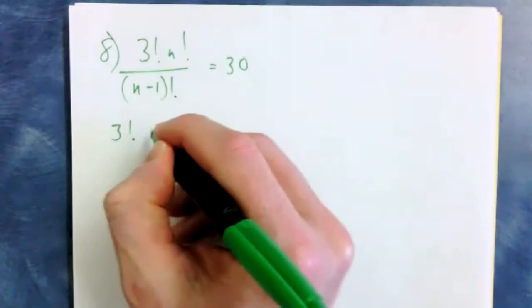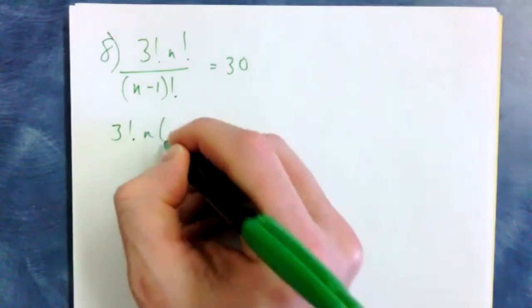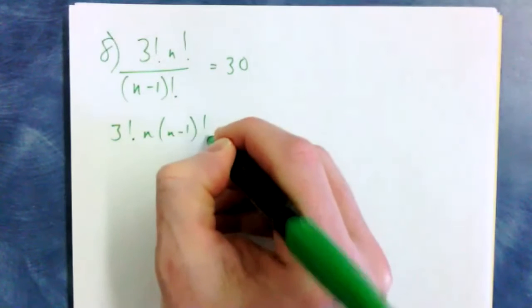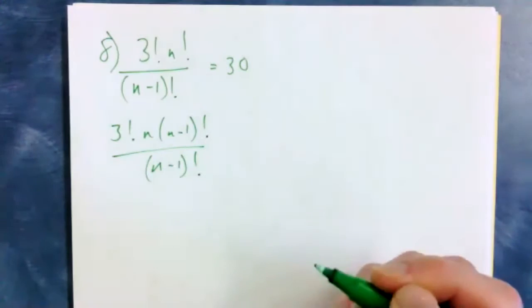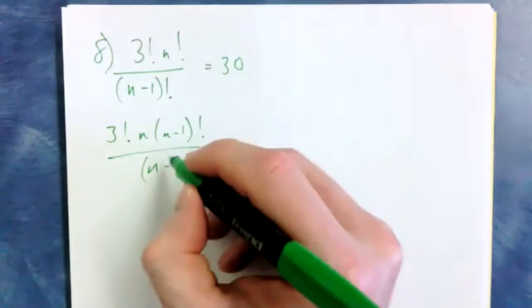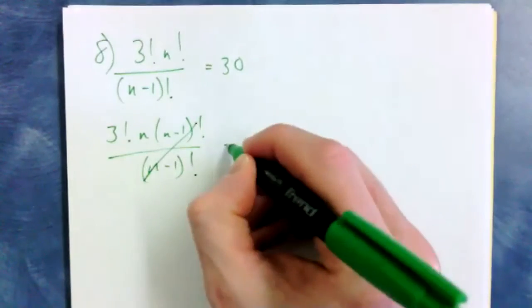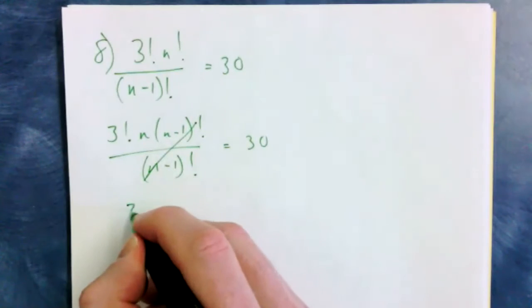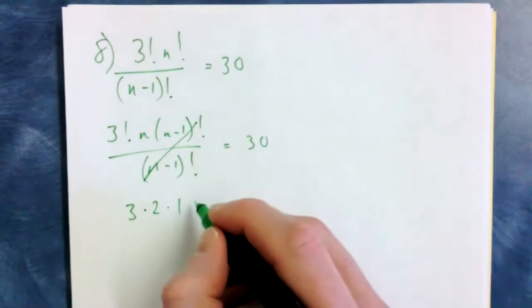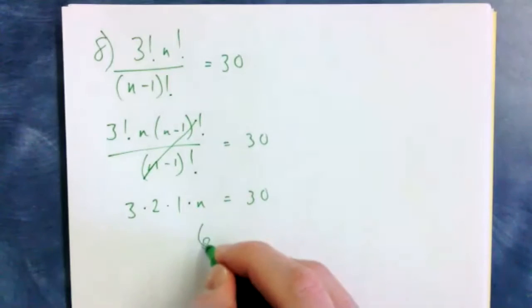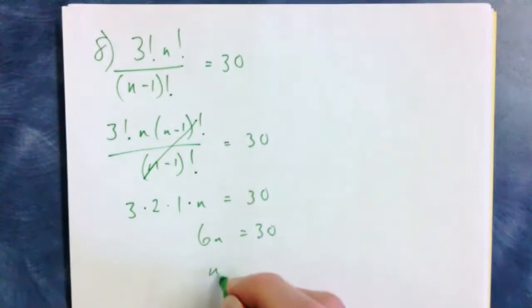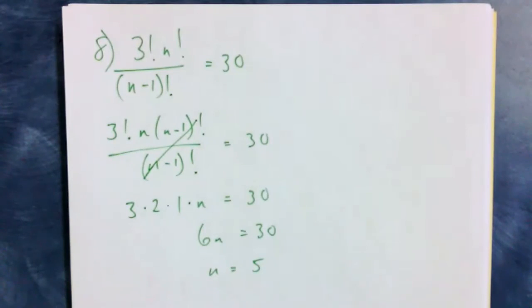So 3 factorial times n minus 1 factorial all over n minus 1 factorial, those cancel. So we're left with 3 factorial, which is 3 times 2 times 1 times n equals 30. 6n equals 30, n equals 5.